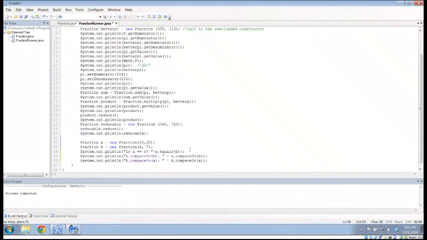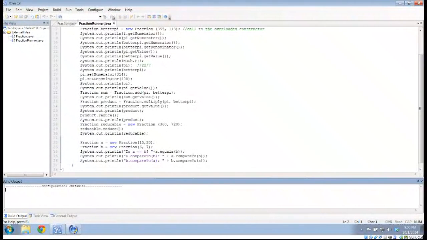If A is smaller, then A should be negative. And if B is smaller, then B should be negative. Now notice, I'm looking at 15/20, which is about 0.75, and I'm looking at 6/7, which is about 0.8. So A is going to be my smaller fraction.